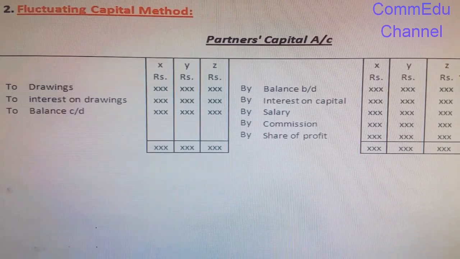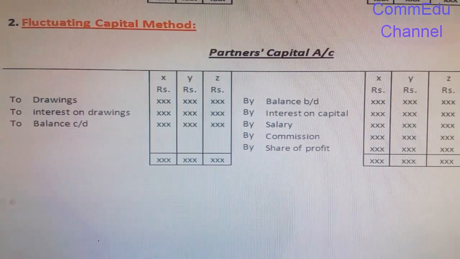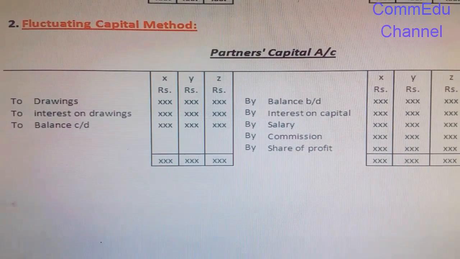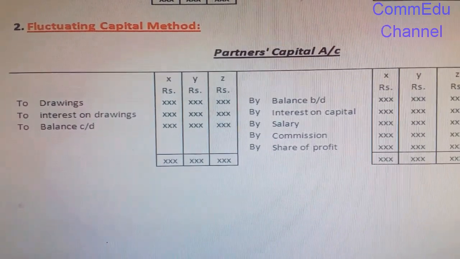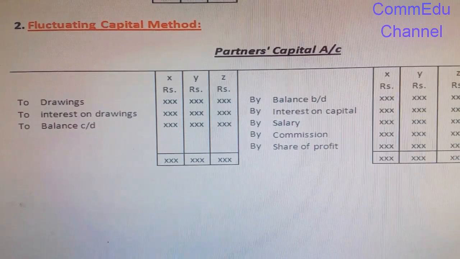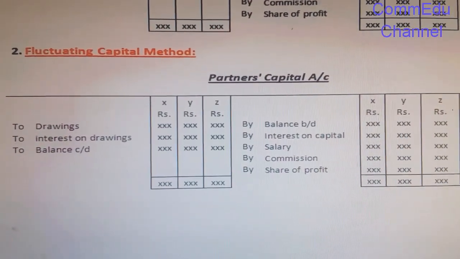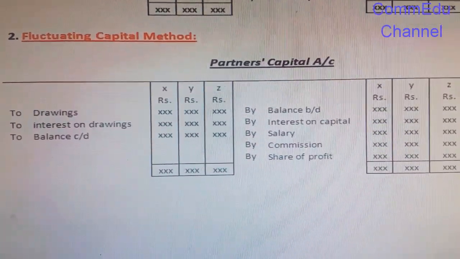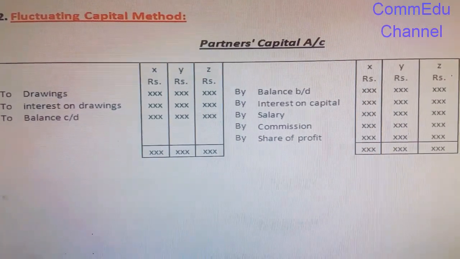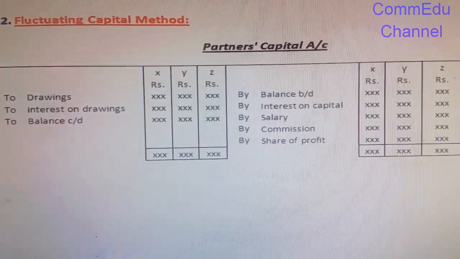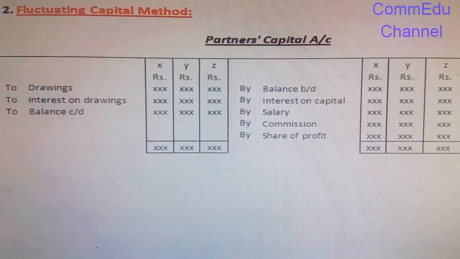So you have to credit the amount of opening balance of partner's capital account, interest on capital, salary, commission, share of profit. In the debit side, you have to write drawings and interest on drawings in their respective partner's capital account. Finally, you have to calculate closing balance of partner's capital account.